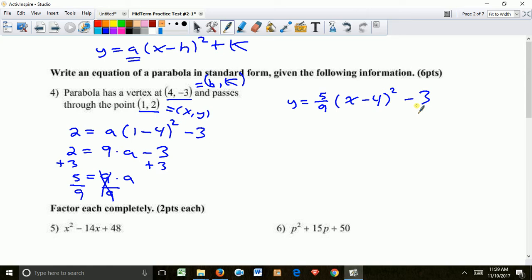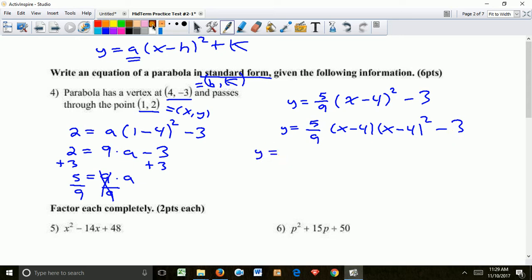For a problem like this, though, they're asking it to be in standard form. So here we do have to FOIL everything out. Practice those algebra skills. You get y is equal to 5/9 and then x minus 4 times x minus 4 is x minus 4 squared, minus 3.